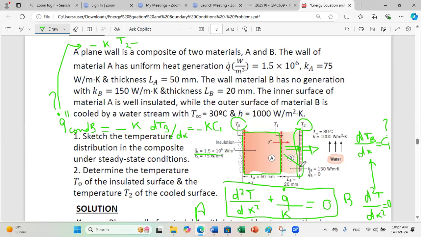We take the slope of the straight line, which is T2 minus T1 over LB, is equal to the convective coefficient H times T at the surface, which is T2, minus the ambient temperature, T infinity.